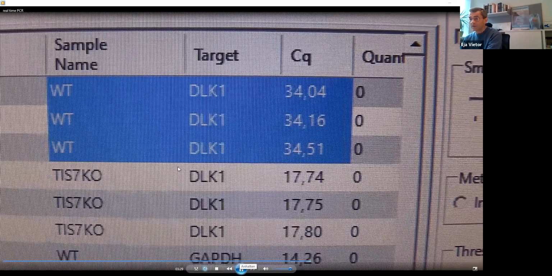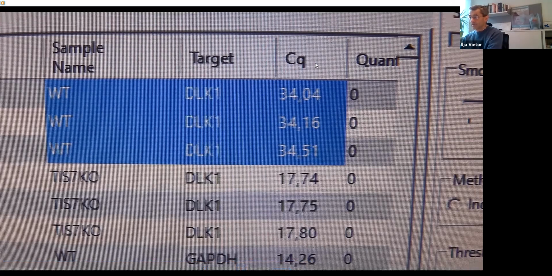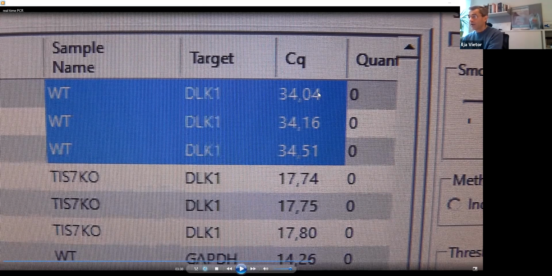So here, for instance, we have triplicates of the wild type cDNA, we are detecting the DLK1 gene and the number of cycles necessary to reach this level of 1 is 34 cycles, 34, 34. So it's almost identical, which says that the quality of the experiment is good because triplicates are reproducible.